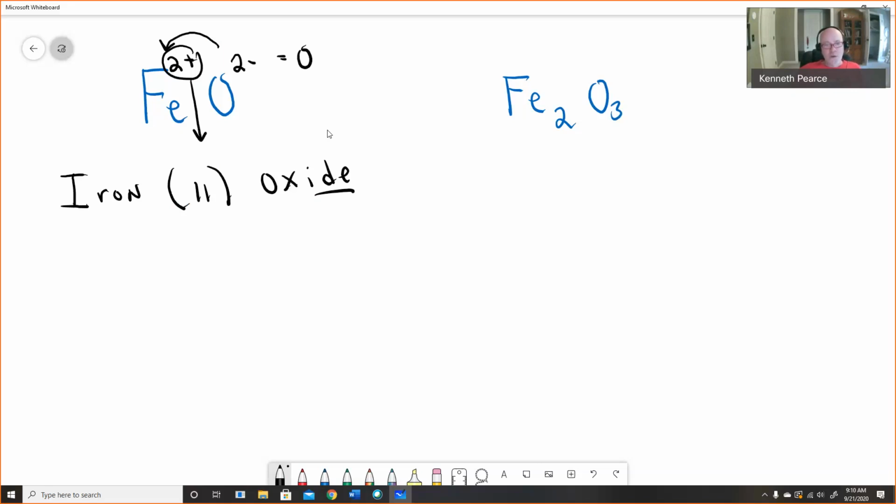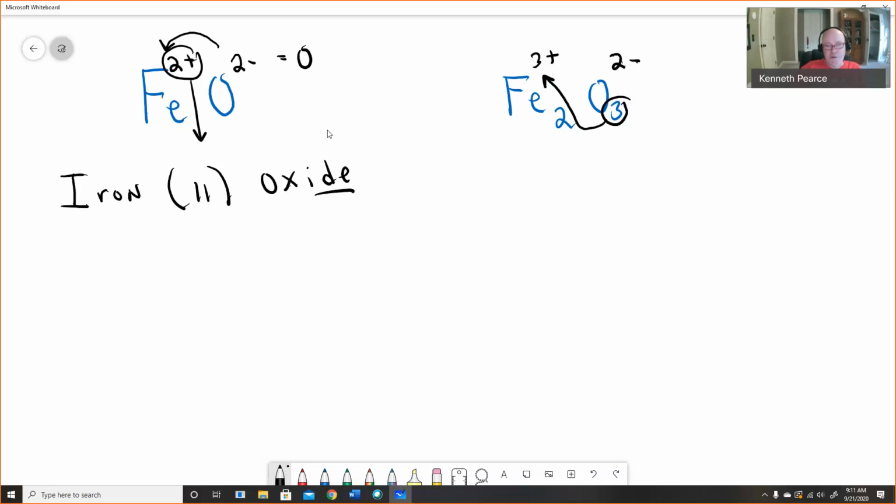Now, the Roman numeral has nothing to do with how many things are attached. If you look up there, you see that it's 1 iron and 1 oxygen. The Roman numeral 2 is just for the charge. And so we look at the iron oxide on the right-hand side over here, and we can see that the oxygen, of course, is a 2 minus, and we can uncross the charge, in this case, to get a 3 plus.